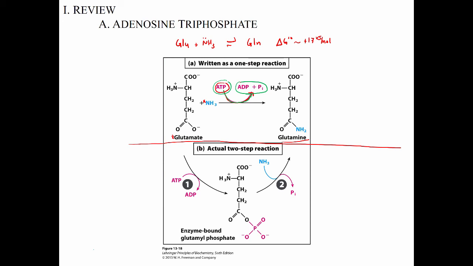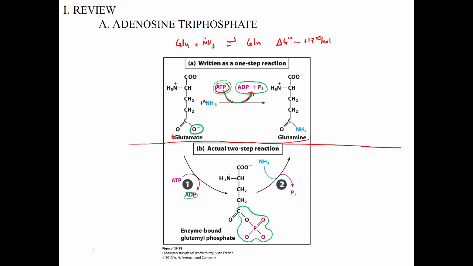The reaction requires this glutamate molecule to have a nucleophile, and that nucleophile attacks the gamma phosphate of ATP, which yields ADP, and that gamma phosphate is now attached to this carbon. That's what would be considered an acyl phosphate bond.